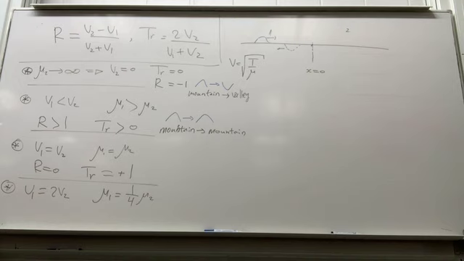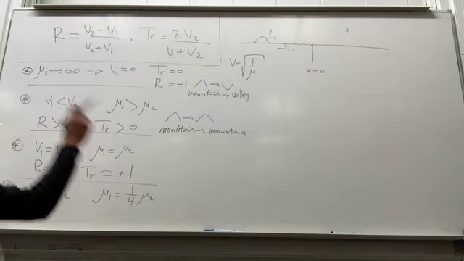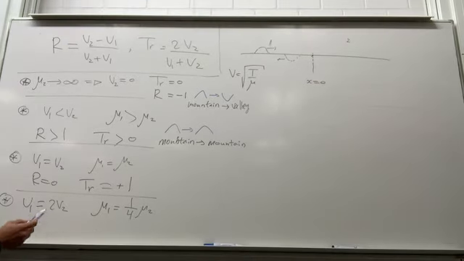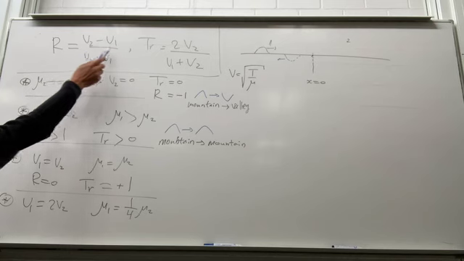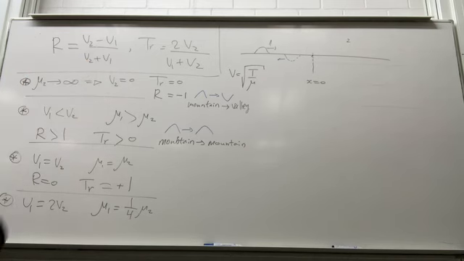Now, this is interesting because if you substitute here, 2V2, that gives us a negative reflection, so R would be minus 1/3, and TR would be plus 2/3.